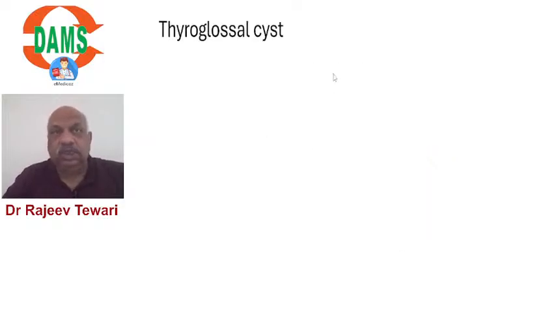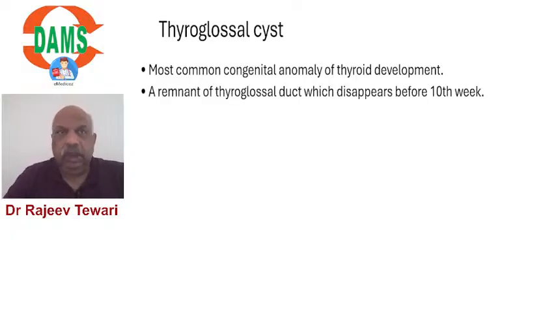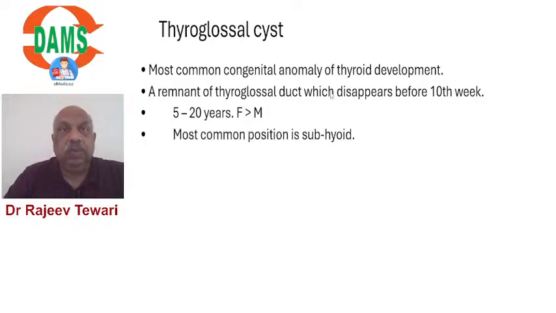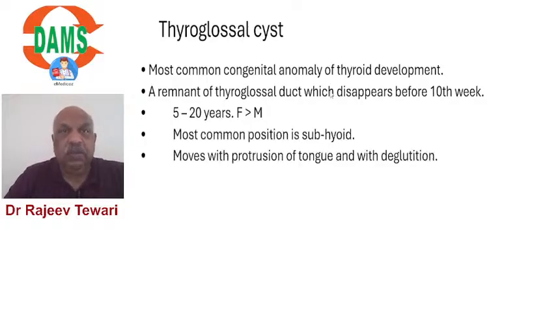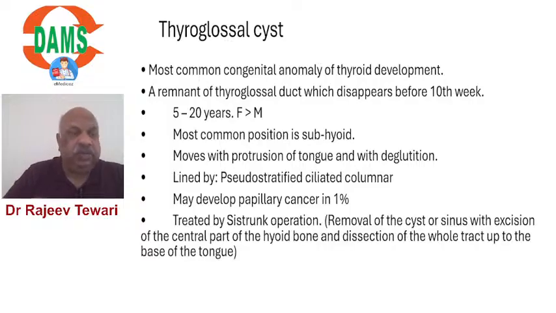Thyroglossal cyst, as you know, is the most common congenital anomaly in thyroid. It's a remnant of the thyroglossal duct which disappears by 6 weeks. Usual presentation is 5 to 20 years, common in females. Most common position is subhyoid, moves with protrusion of tongue and deglutition, lined by pseudostratified columnar epithelium, may develop papillary cancer in 1%, treated by Sistrunk operation.